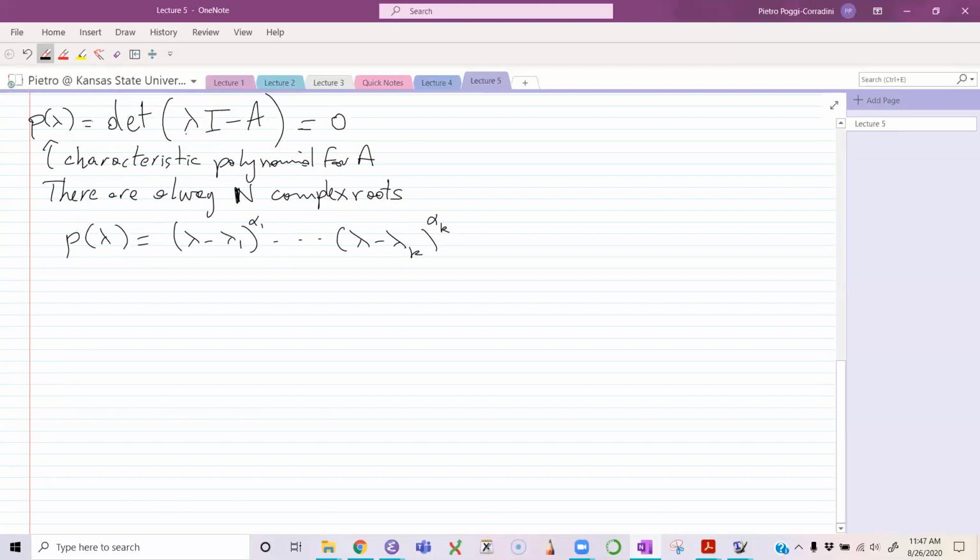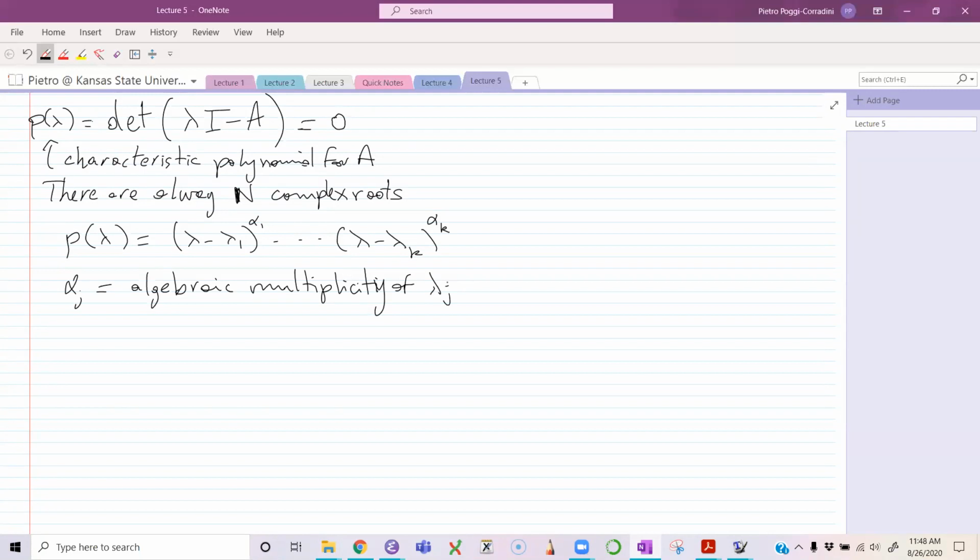So it's really going to look like this. And these exponents, alpha j, are called the algebraic multiplicity of the corresponding eigenvalue.